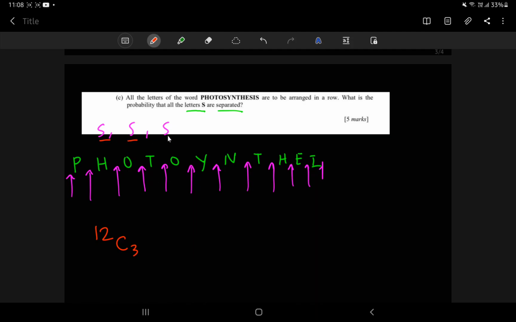We have 3 letters, right? So 12 choose 3. Then we can arrange the letters in green, excluding the S. How many ways can we arrange the letters in green? I will give you 5 seconds to think.